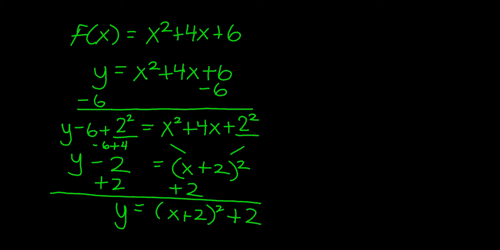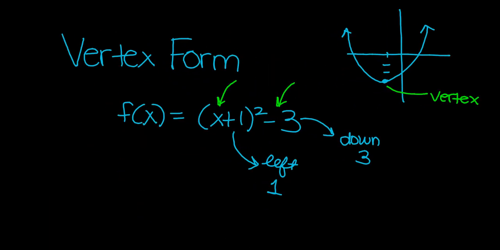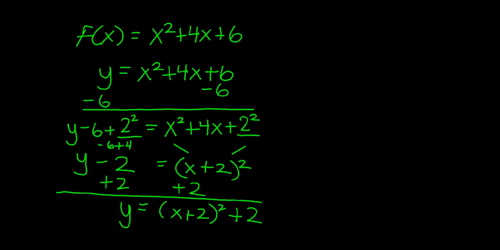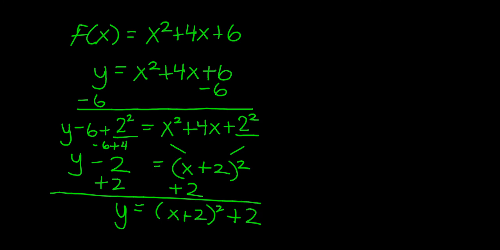And that looks a lot like what we saw on our first page, right here, when we're written now in that form that tells us about transformations. So by looking at where we just landed here, when we see y equals x plus 2 squared plus 2, we can now figure out what the transformations to this function are.